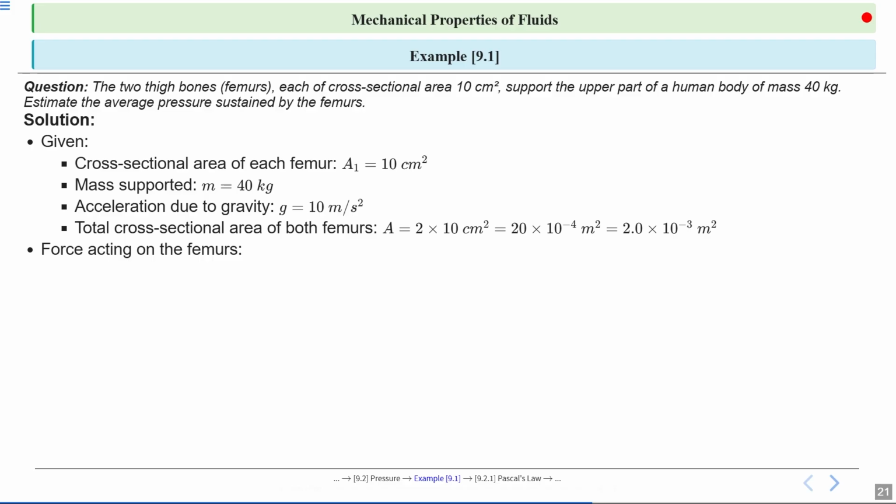Force acting on the femurs, F equal to mg. F equal to 40 into 10, because M equal to 40 kg and g equal to 10 meter per second square. So now that we have the force, we can calculate the pressure. F is equal to 400 Newton.